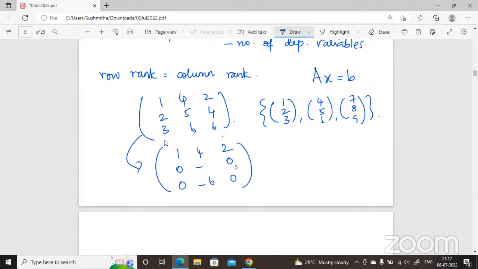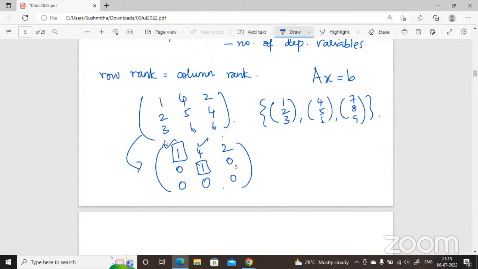Then I can make this 1 and this 0. After RREF, I have a pivot here and a pivot here, which means that the first column and the second column are linearly independent. And since there is no pivot here, the third column is dependent on the other 2 columns. So the corresponding columns of the matrix are independent.